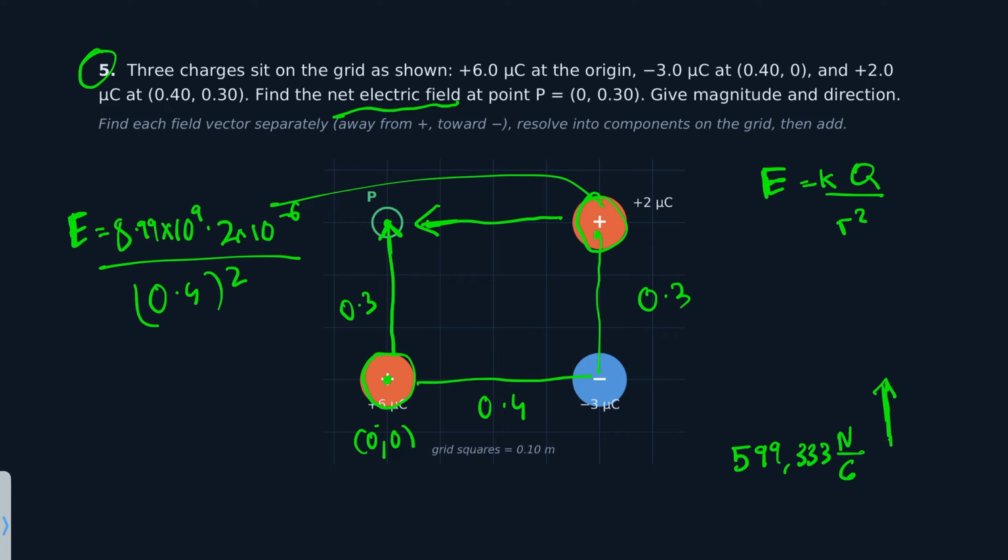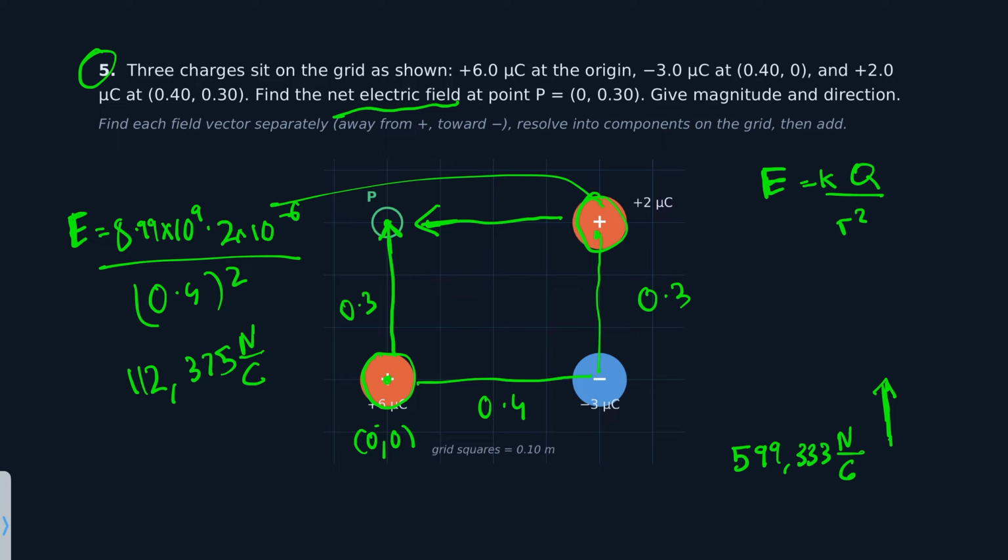So let's see what that looks like. Times 10 to the 9 times 2 times 10 to the negative 6, and that divided by 0.4 divided by 0.4. So approximately 112,375 newtons per coulomb.